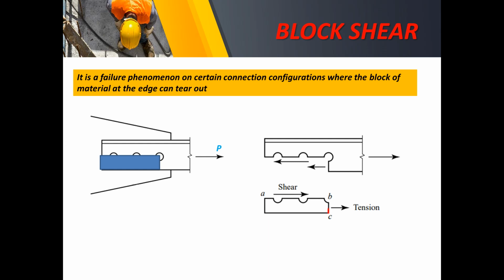The tension comes with an area BC, while for the shear, we have this portion. The total length times the thickness is the block shear area, while on the tension, this length BC times the thickness is its area in tension.